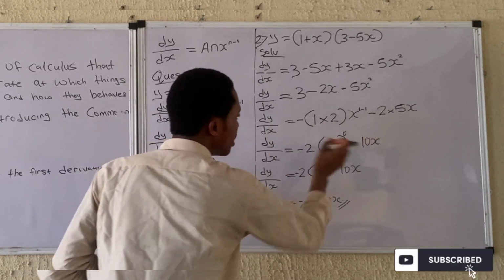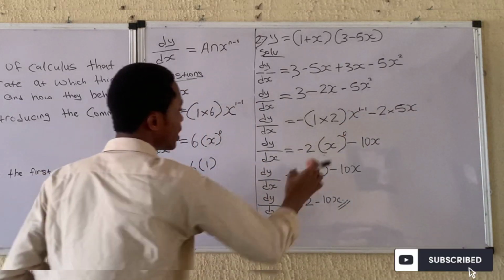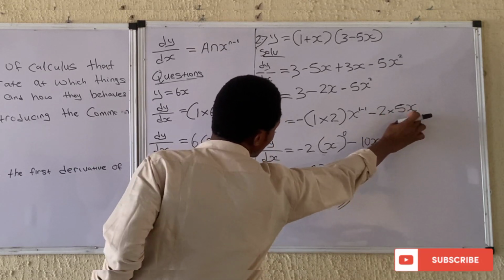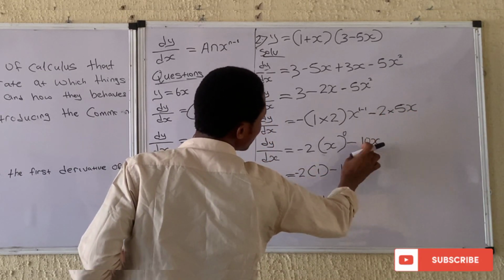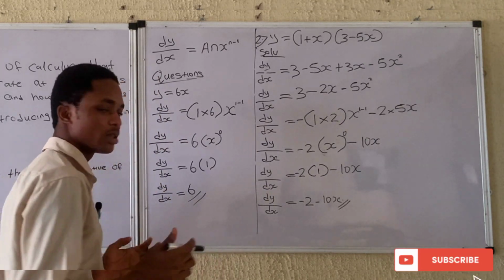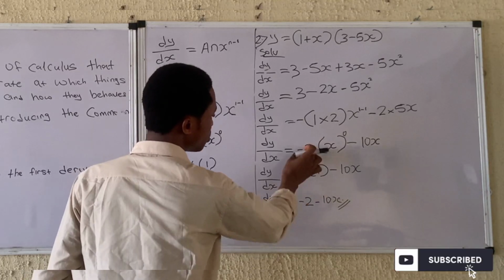Now x to the power 1 minus 1 will give us 0. So now, minus 2 times 5x will give us 10x. That is it.